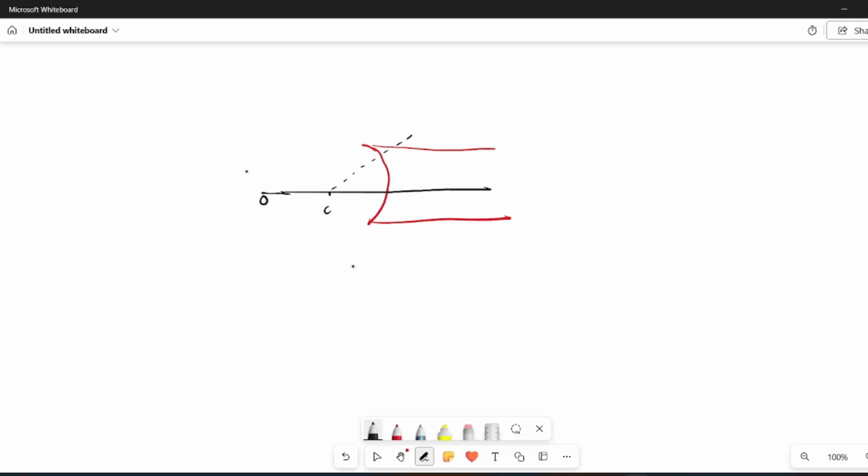When the light ray comes and falls like this at this point, this is your angle of incidence. Now the process of refraction will take place and it will bend towards the normal, so the light ray is going to go like this. That means when you backtrace it, this is your image position.